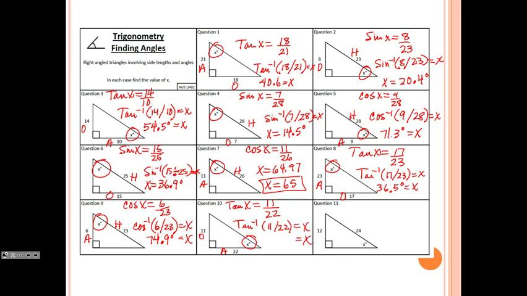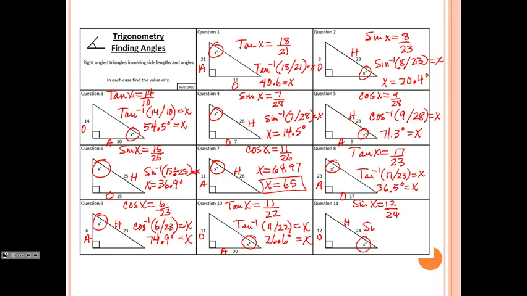So x equals 26.6 degrees. All right, this one's going to be opposite and hypotenuse, that's going to be the sine, 12 over 24.